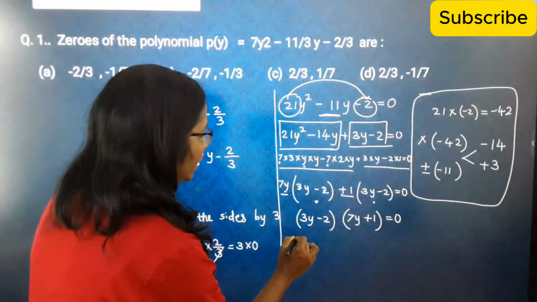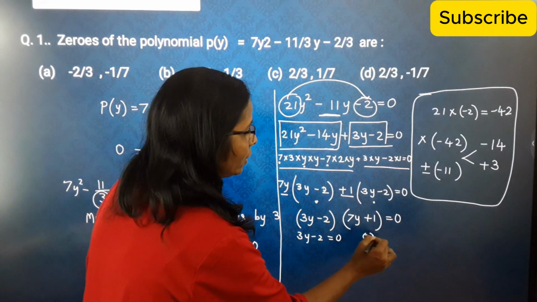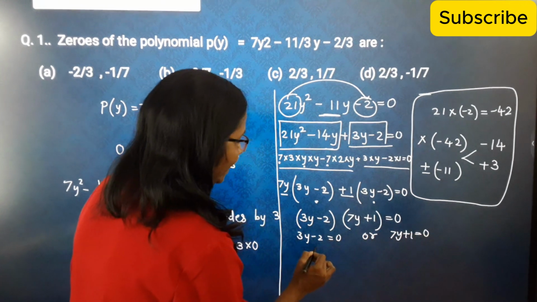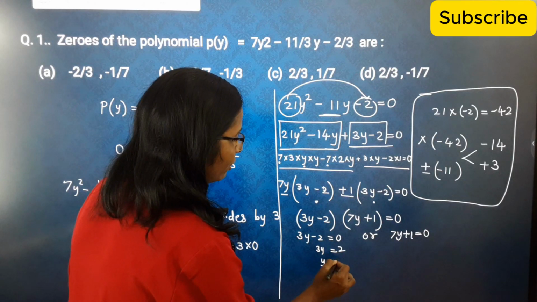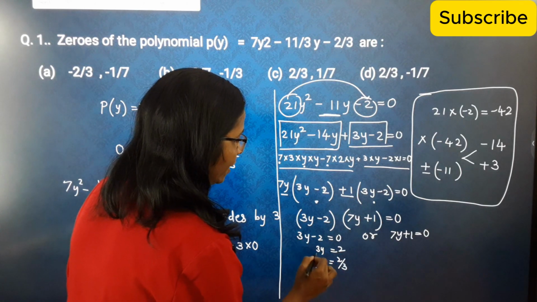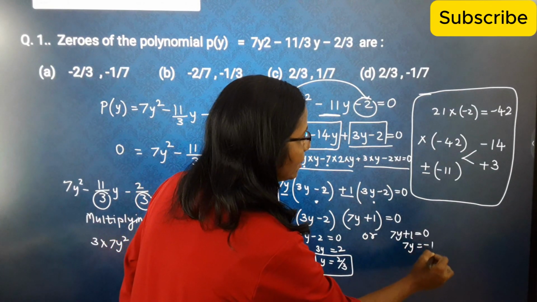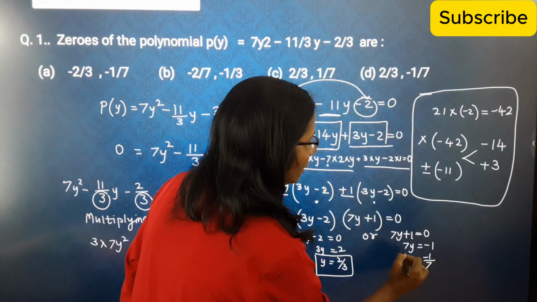So now 3y minus 2 is equal to 0 or 7y plus 1 is equal to 0. That means 3y is equal to 2 and y is equal to 2 upon 3, and 7y is equal to minus 1, that means y is equal to minus 1 upon 7.